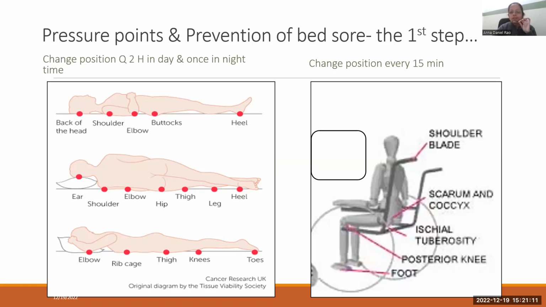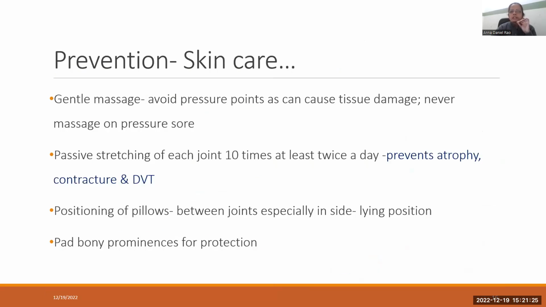You can use pieces of soft cloth to prevent any hard areas from rubbing against the chair. Gentle massage is always recommended, but pressure points, especially when already damaged, should not be massaged.